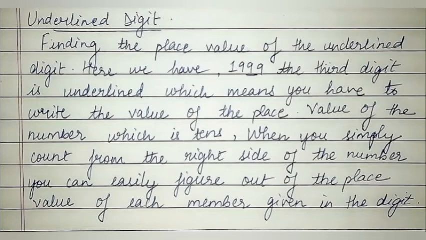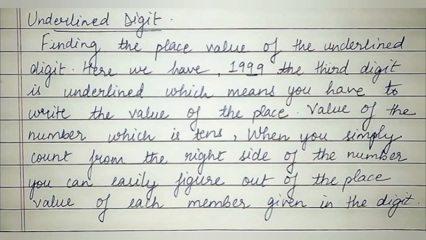Now we learn the important part, and also the part where most students find it difficult: finding the place value of the underlined digit. Here we have 1999. The third digit is underlined, which means you have to write the place value of the number, which is tens. If you count from the right side of the figure, the second figure is underlined.